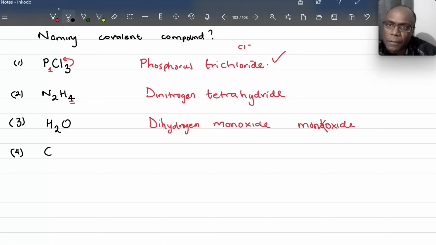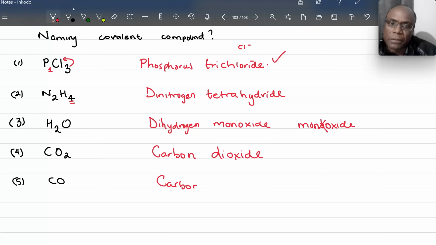Number 4, let's do CO2. CO2 is plainly called carbon. There's 2 oxygens, becomes oxide, carbon dioxide. And then of course if you have CO, there's only 1 carbon. You don't say monocarbon, you say carbon monoxide.